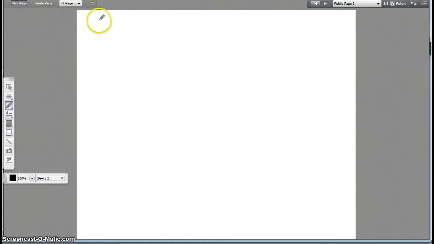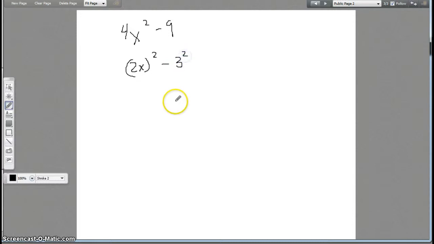So if you had something like 4x squared minus 9, 4x squared can be written as the quantity 2x squared. 9 can be written as 3 squared. That's a difference of two squares, which means I could factor this as 2x plus 3 times 2x minus 3.